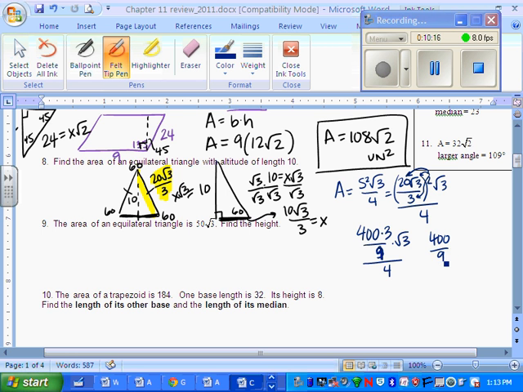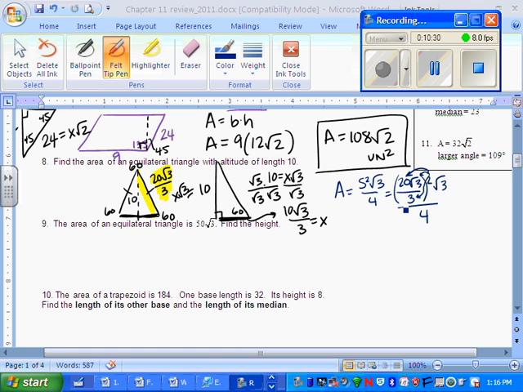400 over 9 times root 3. I can just multiply that by 1/4. Okay, let's back that up. I should have 400 times 3 over 9, root 3 over 4.